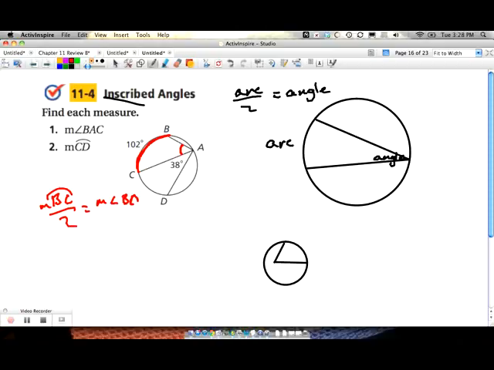Let's try another one, number 3, FGH. Let's do that in a darker green.